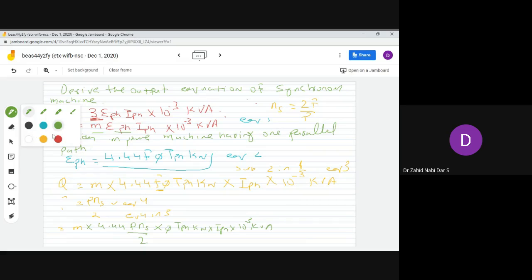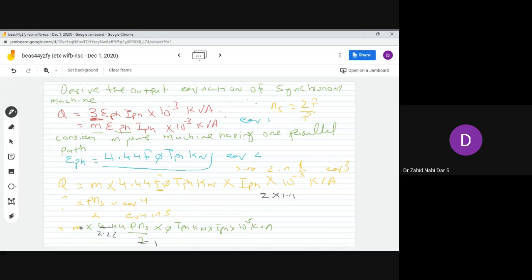So if I write this P ns by 2, phi, T phase, K w, I can insert inside. See, I have this M, and the P ns value I have. So what I can do is divide here, 2 ones are 2, or I can write this as 2 into 1.11.